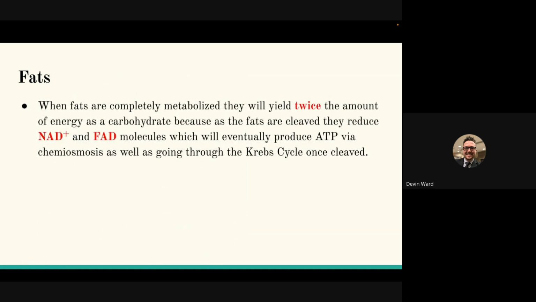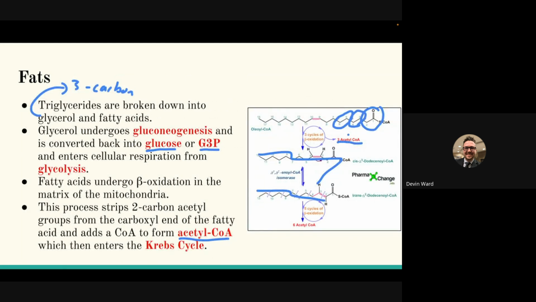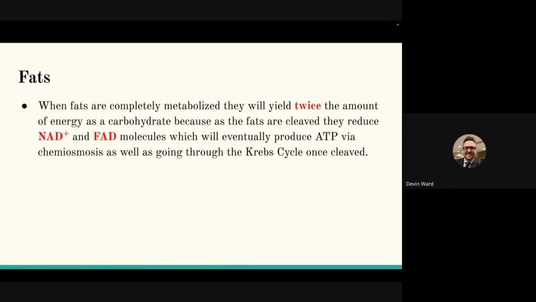When fats are completely metabolized, they yield twice or more than twice the amount of energy as a carbohydrate. Because when fats are cleaved, they reduce NAD+ and FAD molecules.